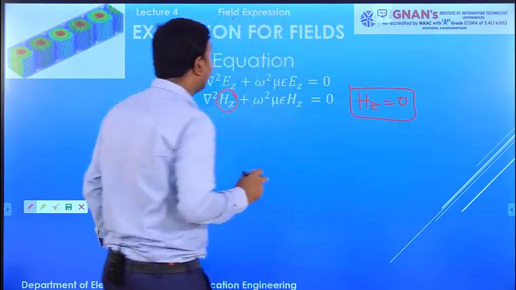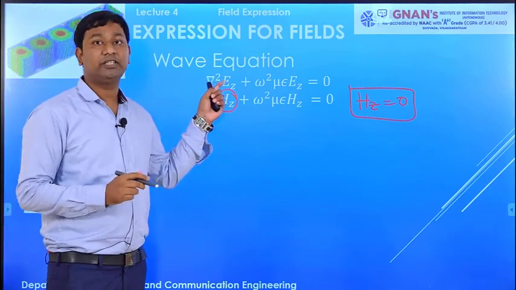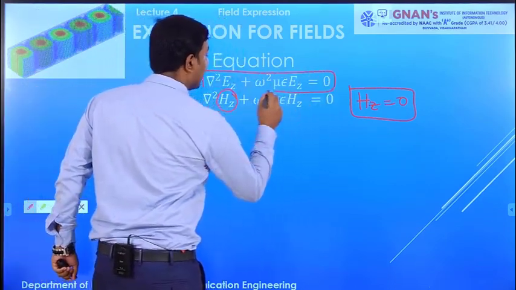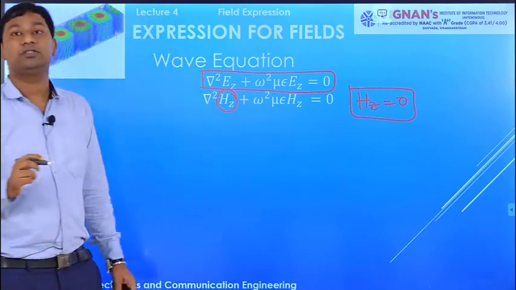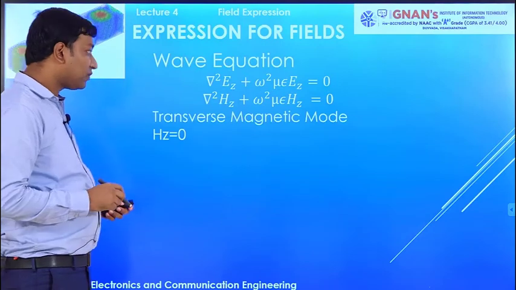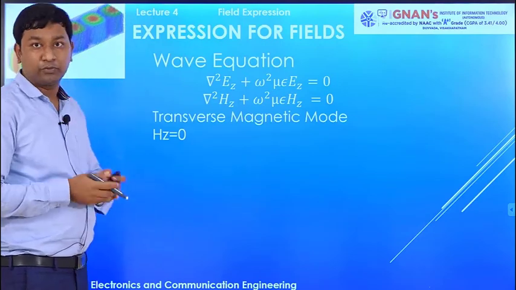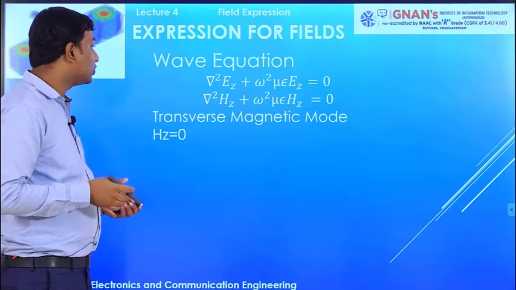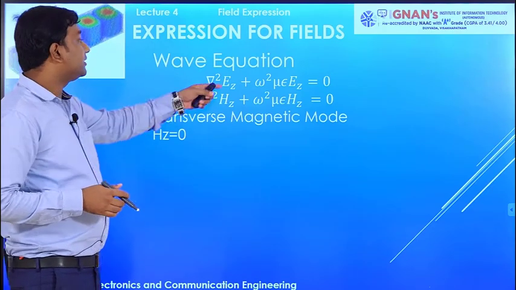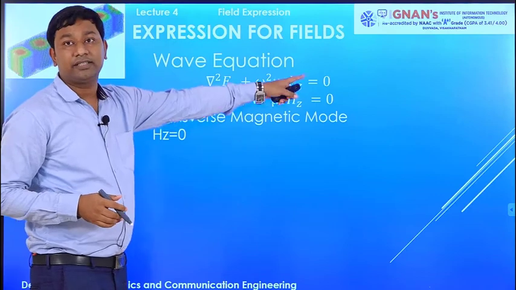So we will find only from the equation del square Ez plus omega square mu epsilon Ez equal to 0. For the transverse magnetic field, we already discussed Az equal to 0, so the wave equation will be del square Ez plus omega square mu epsilon Ez equal to 0.